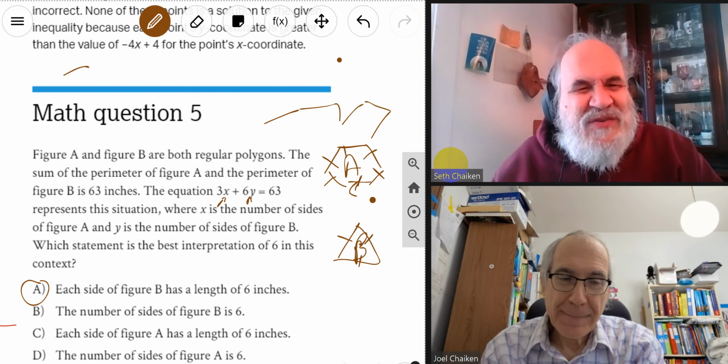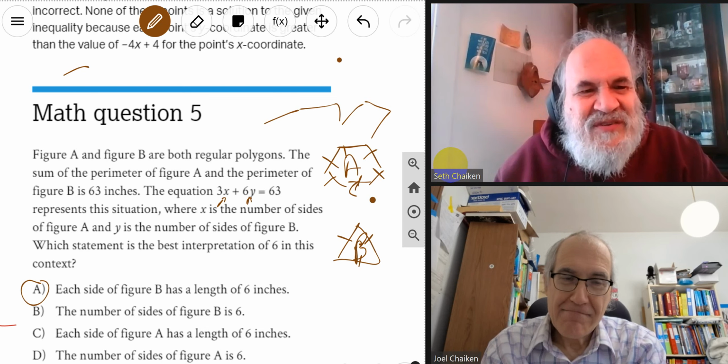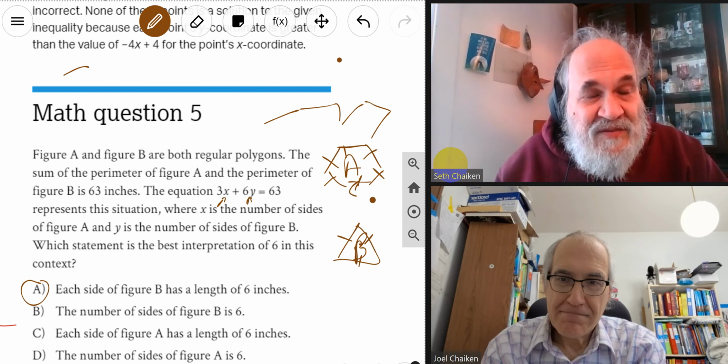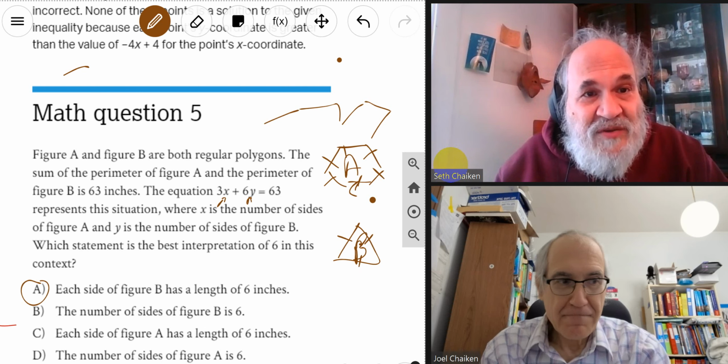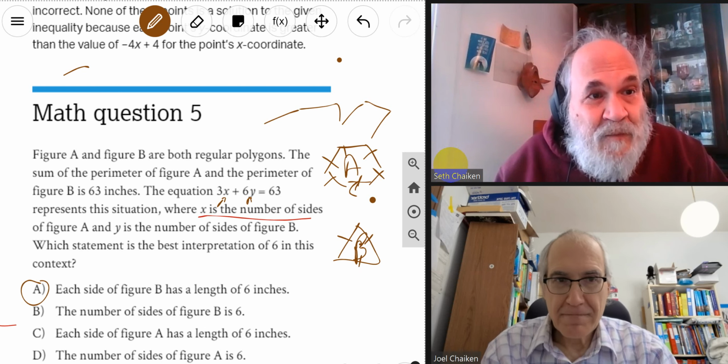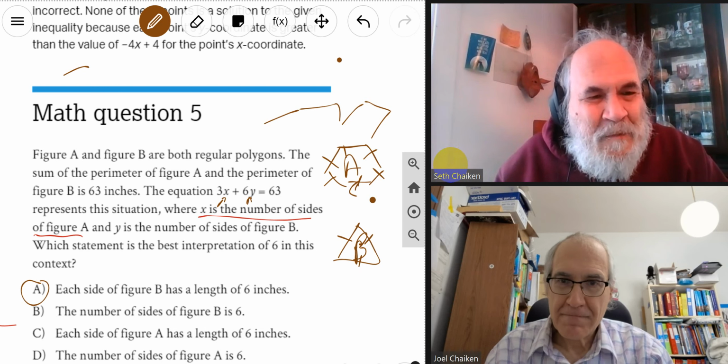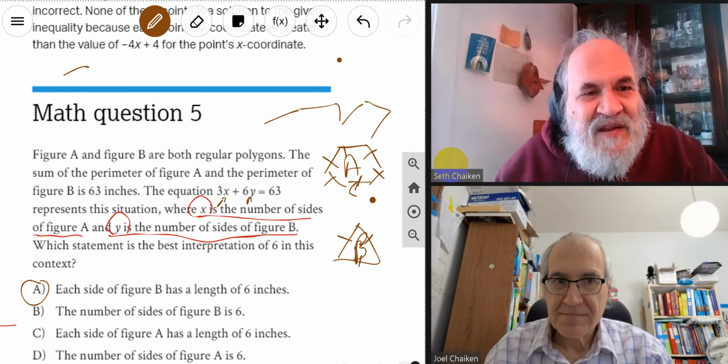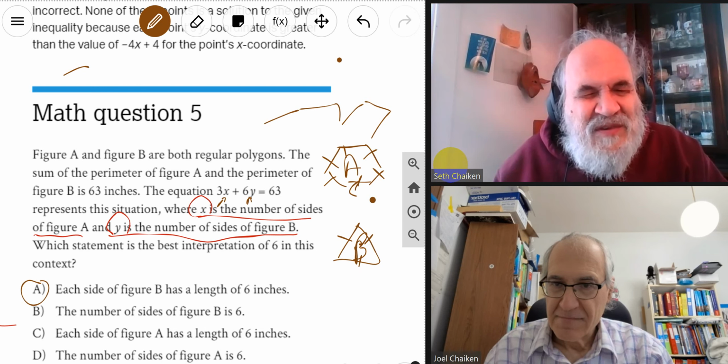Approach SAT questions by reading the question and then pulling out what is most relevant. What's the important information? It's given in the question. It tells you what x is, tells you what y is. And then it says that the equation represents the sum of the perimeters equals 63.